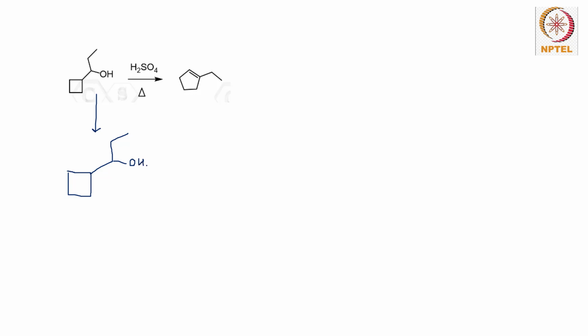Only the slow step is considered for the rate of the reaction, and if you can enhance the rate of this slow step, you can enhance the rate of the reaction. That's why if you enhance the stability of the carbocation, you get a higher rate.